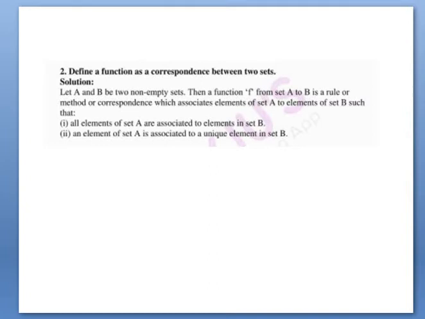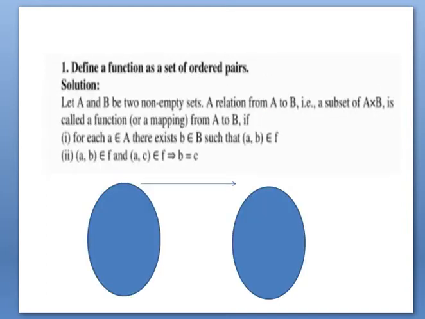The first point is, all the elements of set A are associated to elements in set B. And the second point is, an element of set A is associated to a unique element in set B. Now if you read these two points carefully, the first point is exactly the same as the previous example.